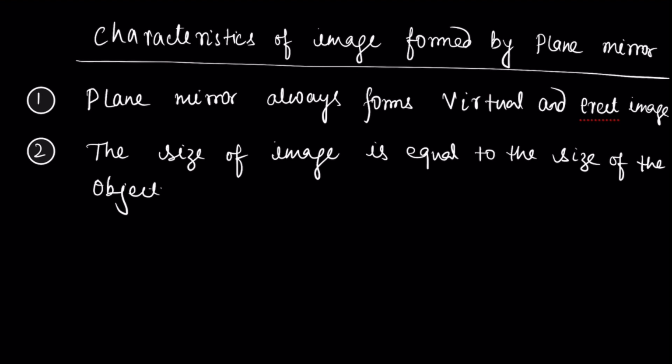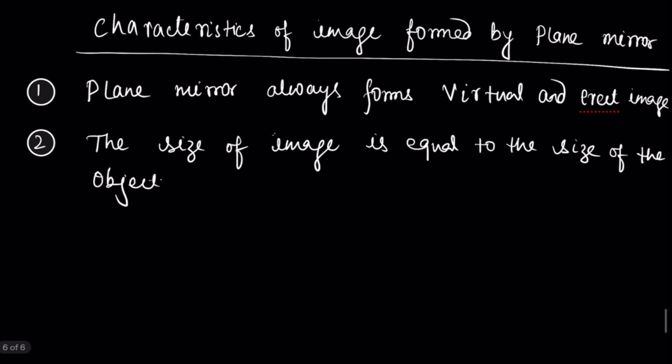It means that whatever the size of object we are taking, if we are taking 10 centimeter, the size of image will also be 10 centimeter. Like when you stand near the plane mirror, whatever the size of the object, the same size of image is formed when we are keeping it near the plane mirror.